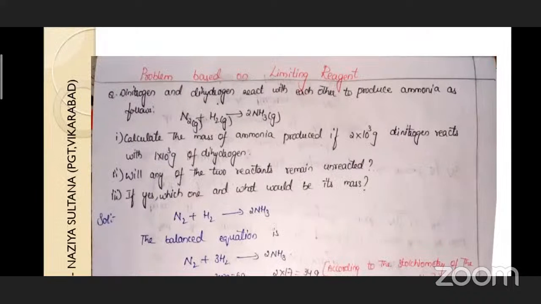Yeah, we have also seen about the limiting reagent, the substance in lesser amount than the actual required amount. Whenever you have to, first write the balanced equation, then see whether the exact amounts are provided as per the stoichiometry of the reaction.